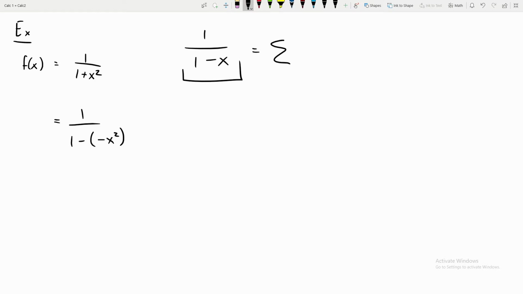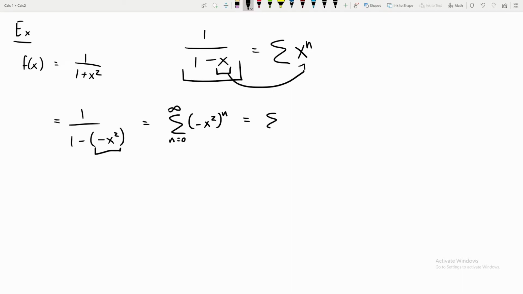So if this was equal to the series of x to the n, we could see this x is related to this x right here. But in this case, this entire piece is going to be that x value. So this is simply going to equal the power series starting from n equals 0 to infinity, and in this case, x is going to be minus x squared, to the power of n.